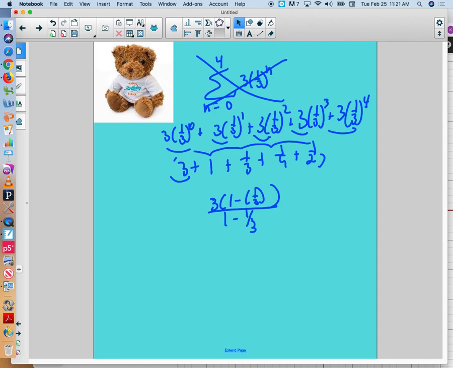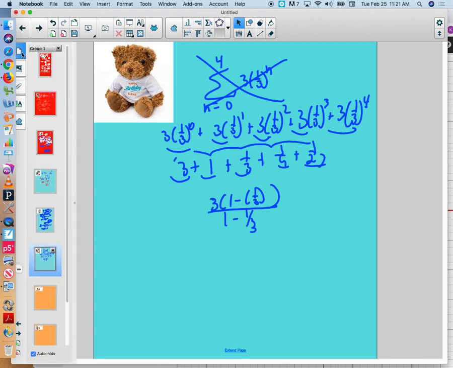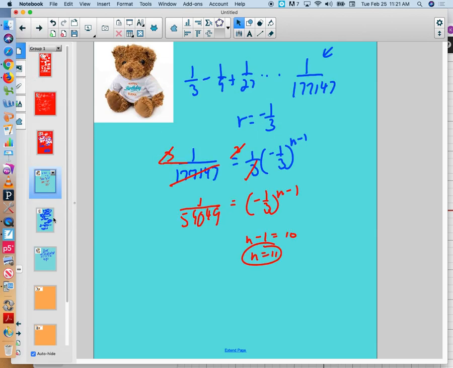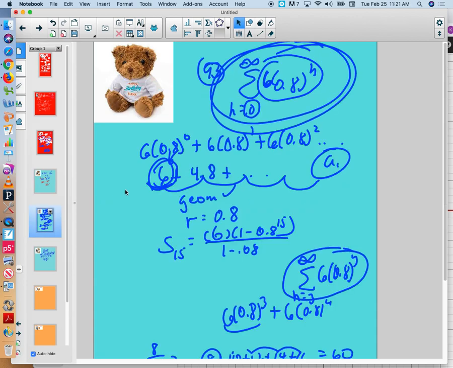Because now I've multiplied by my ratio 4 times. So then, I think if it's n equals 0, you have to multiply by 5. This has never confused me before, so hang on.